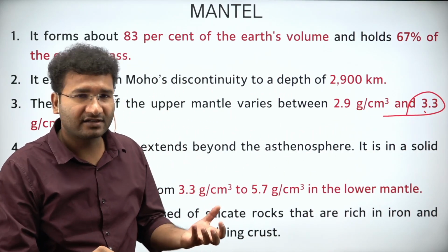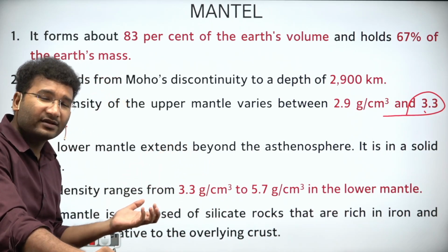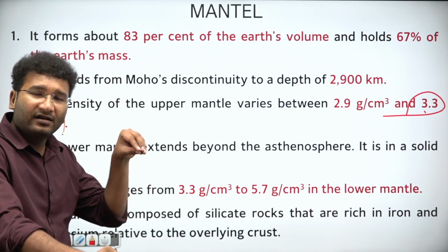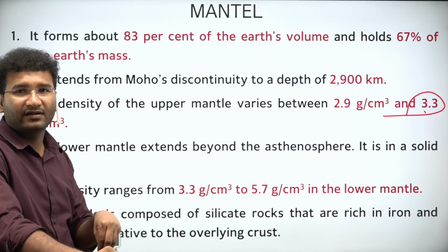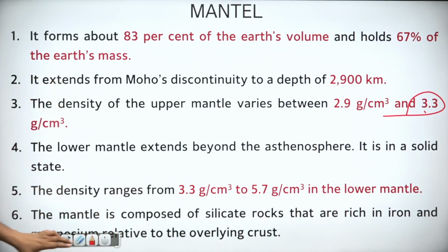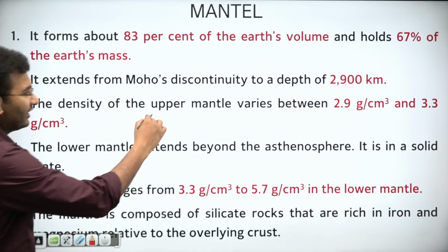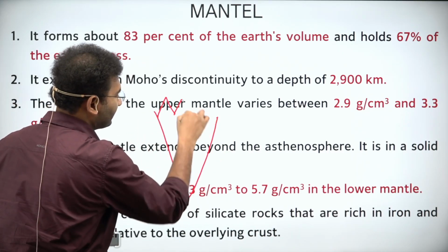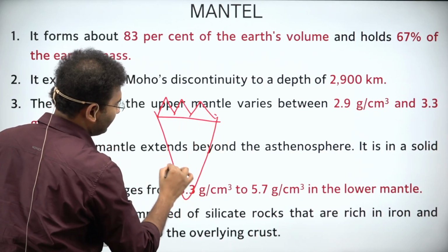This is more dense, and the more dense material, that is where the sinking happens. Okay. Next, another important factor is the density ranges from 3.3 to 5.7 grams in the lower mantle. You take this part of the layer, this is your crust. Imagine this is your crust and this is mantle.